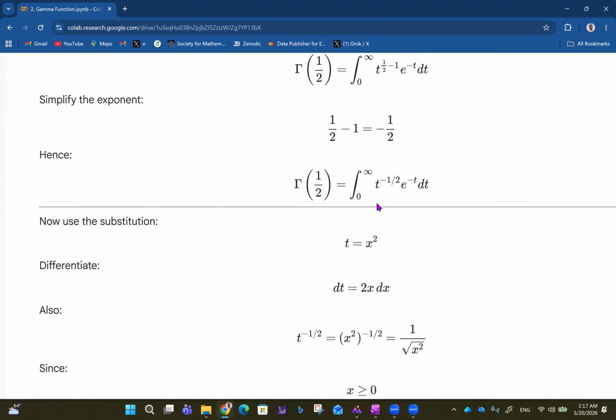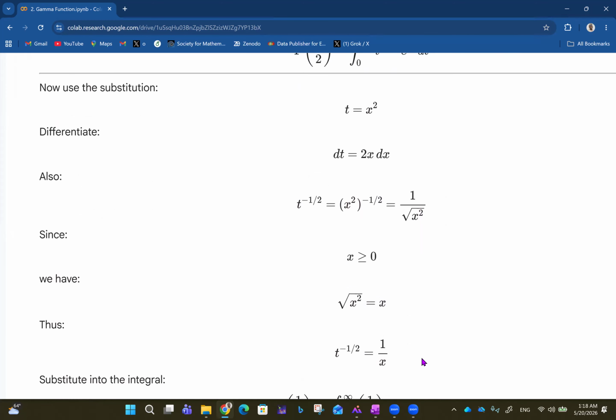So also, then we have t raised to the power minus half. Since t is now x squared, we have x squared raised to the power minus half. So 2 cancels half. So we get 1 over x, I believe. Yeah, because x cancels x here. So this should be 1 over x, not 1 over x squared.